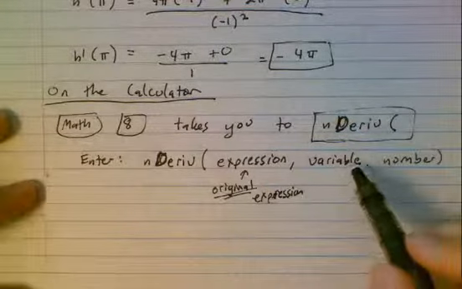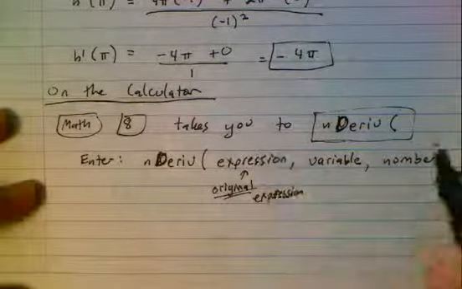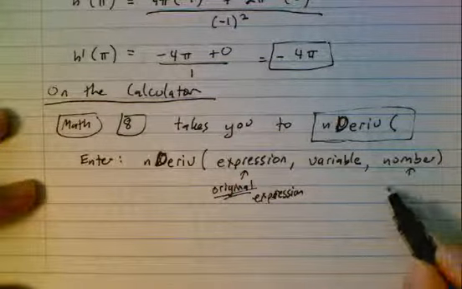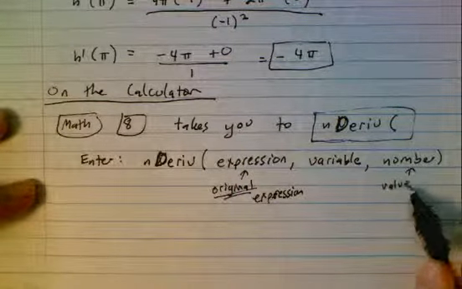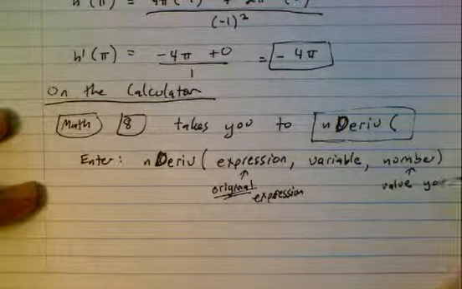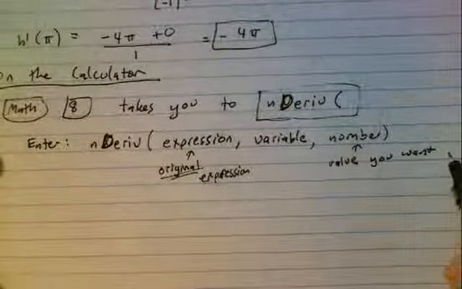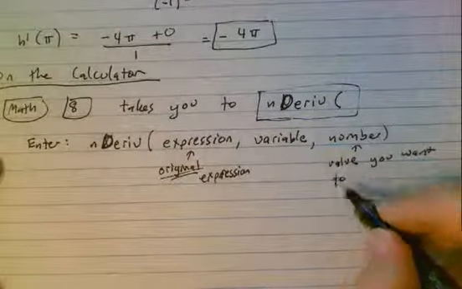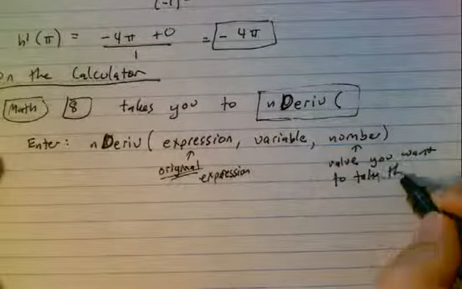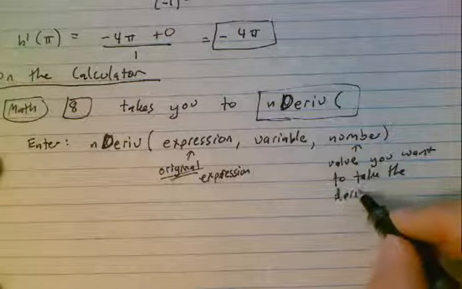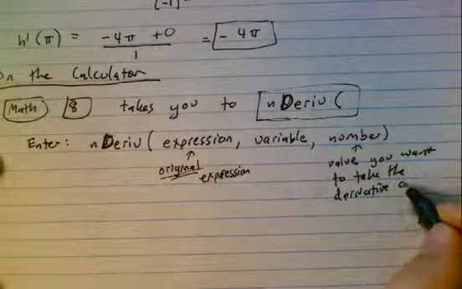The variable is just whatever letter you're using over here. Normally it's x. And the number is the value you want to take the derivative at.